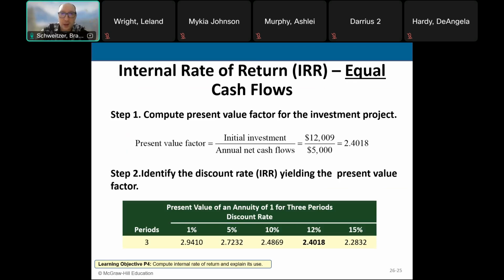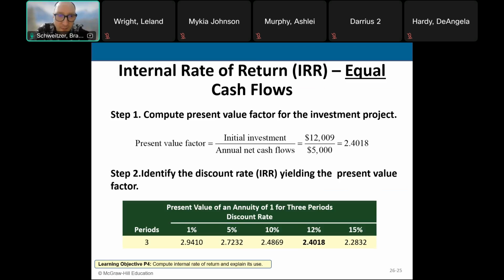So here we have an example of these two steps using equal cash flows. Step one, we got to find the present value factor. So we take the initial amount of the investment divided by annual net cash flows. That gives us a present value factor. In this example, 2.4018 is our factor.